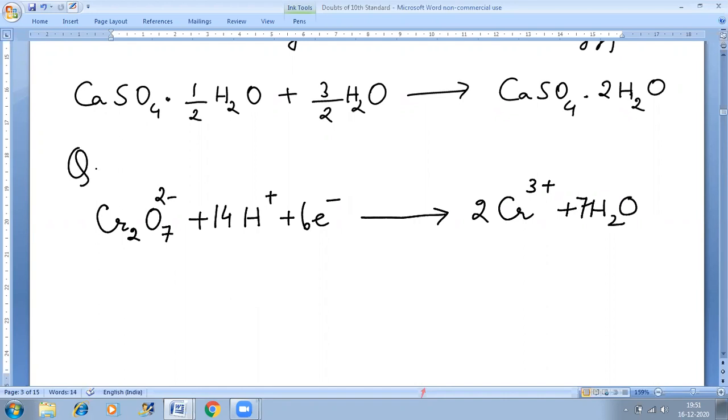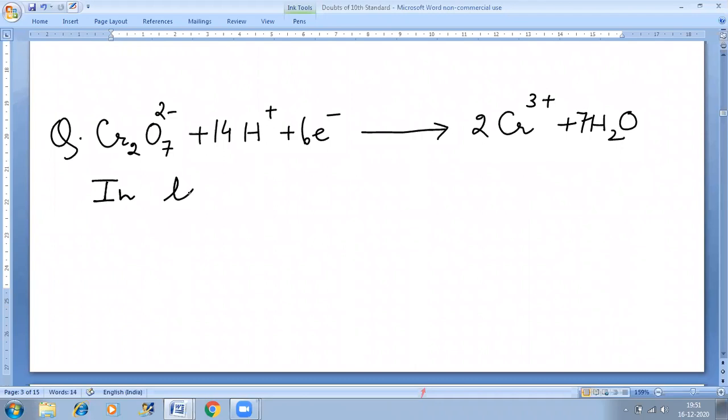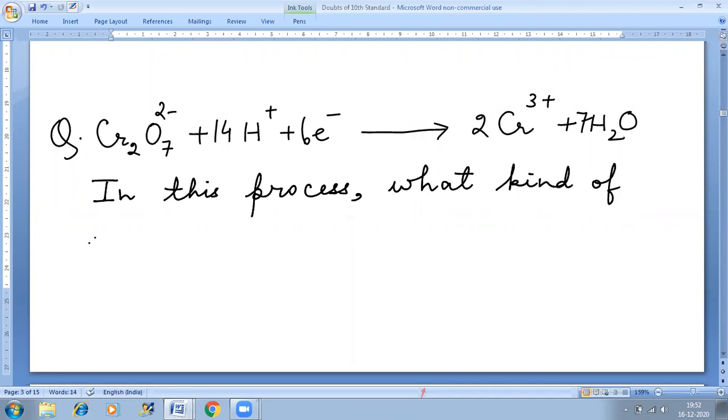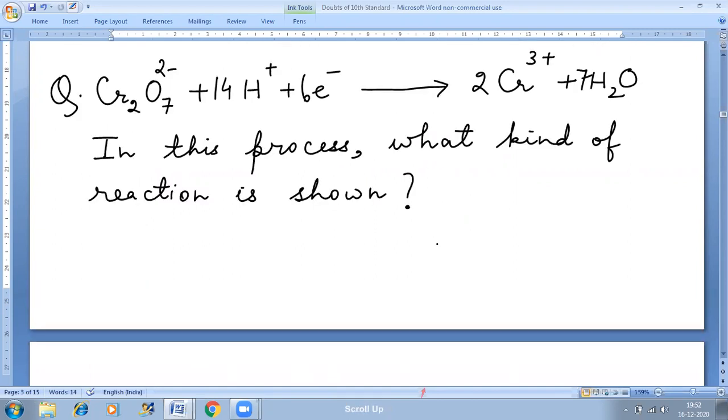Okay. There's a question. In this process, what kind of reaction is shown in this process? Try to solve this.